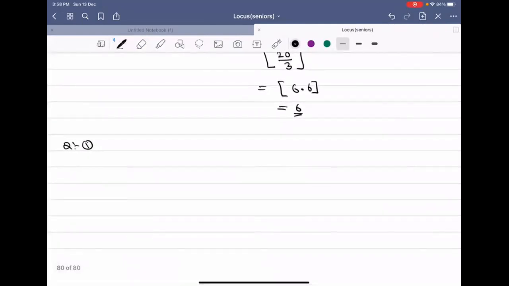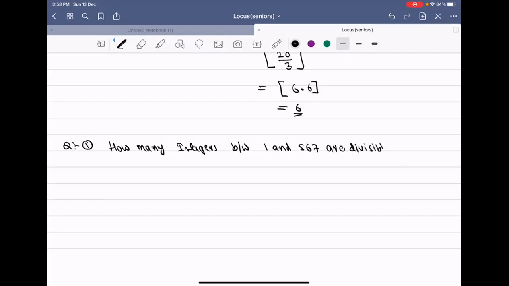How many integers between 1 and 567 are divisible by either 3 or 5?